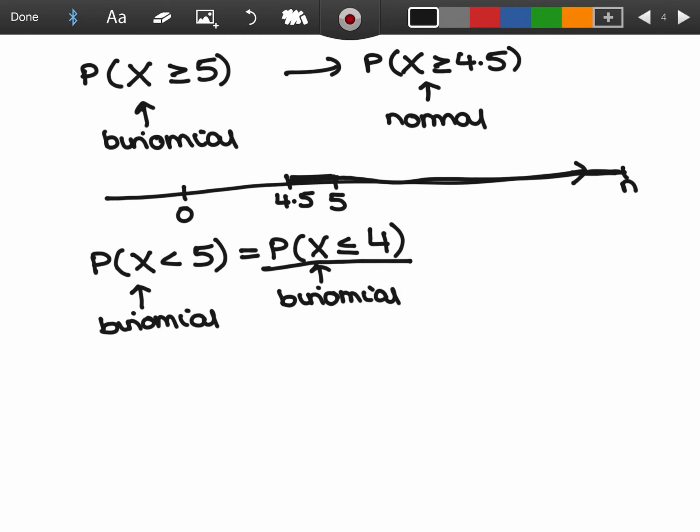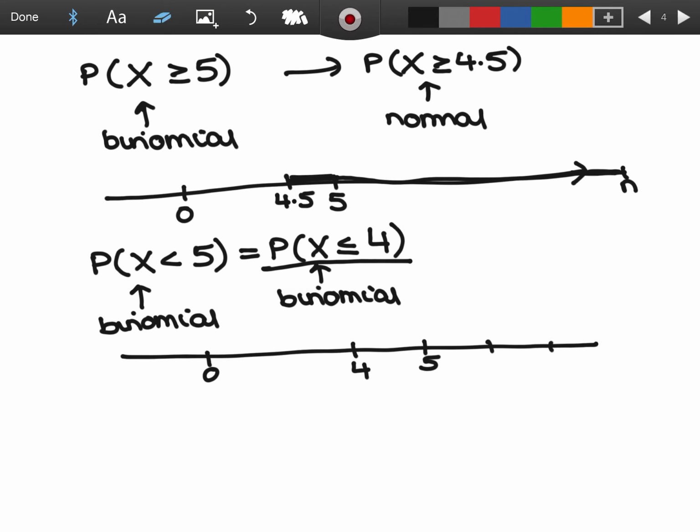Now this time I have a less than or equal to 4. Draw yourself out a number line. 0 is here, 4, 5, etc. You can go all the way up, okay? I want less than or equal to 4 successes. So at the moment, I am looking at this set here, okay? Remember, I want to make the set larger. So because I want to make the set larger, I want all the values this time that will round down to 4, okay?